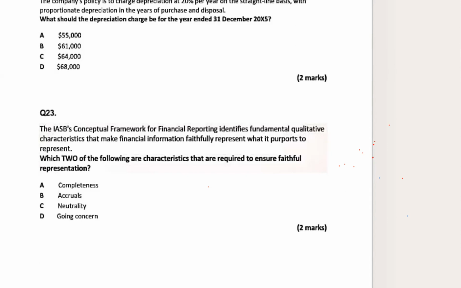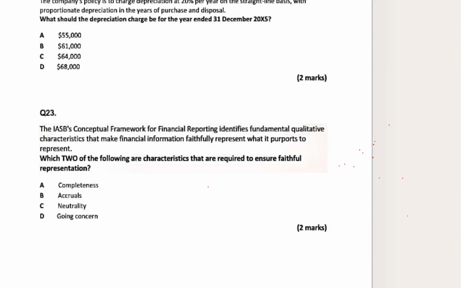Why not accruals? Why not going concern? These are accounting concepts, okay? Accruals and going concern are accounting concepts, but they are not the same ones that are there to guide the way the information is presented, as guided by the International Accounting Standard Board conceptual framework.